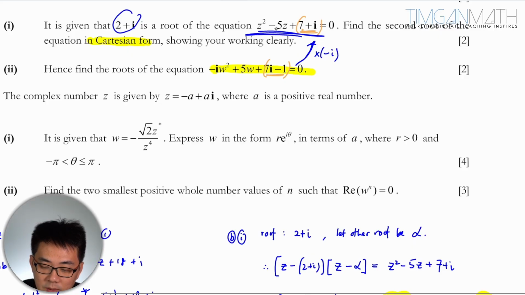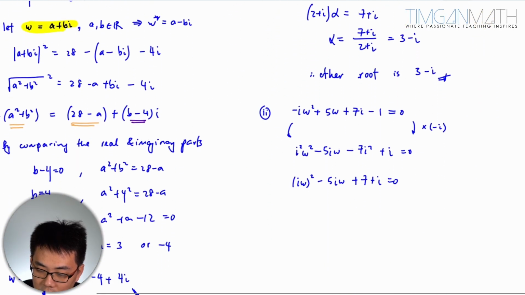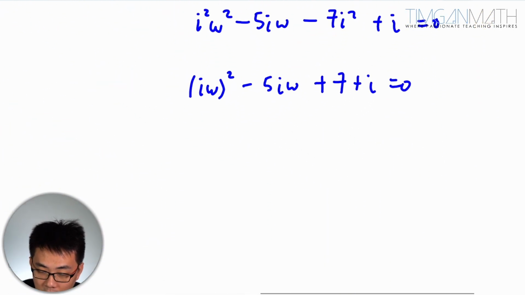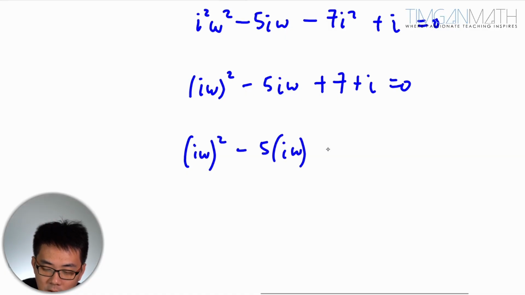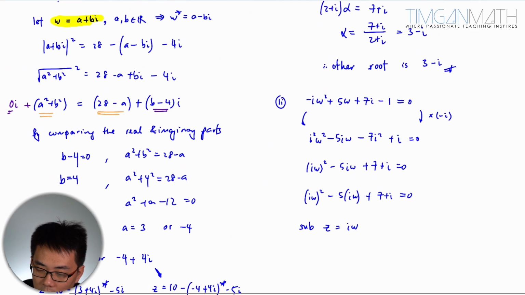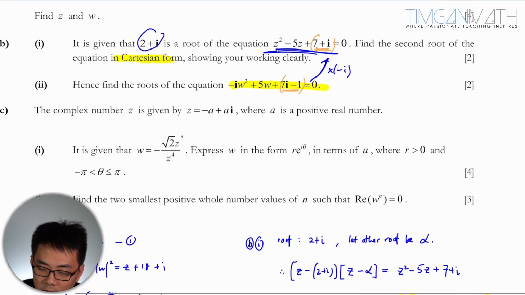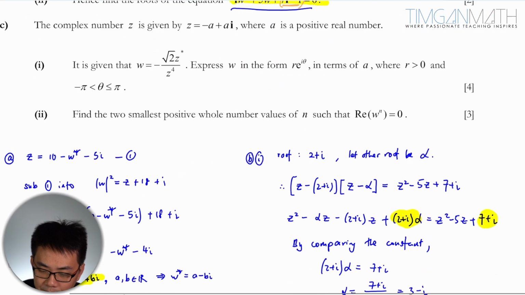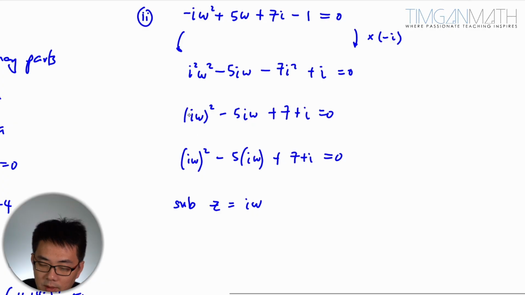You see this is minus 5z, so there's a minus 5 here, which is quite convenient. If you group them, iw squared minus 5iw plus 7 plus i, you know that you substitute z equals iw. So there you go. If you sub z as iw, you get this. You just group that, this iw.